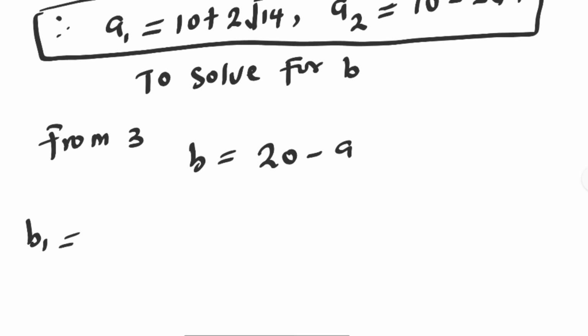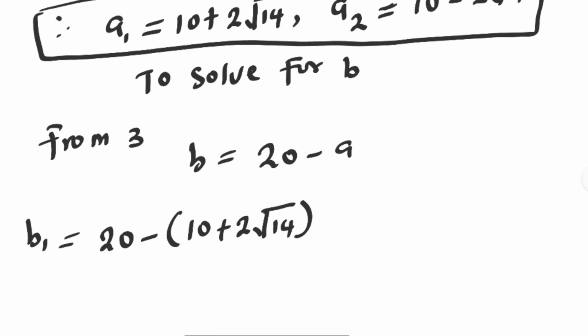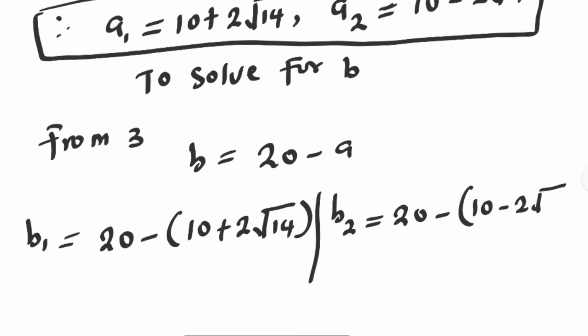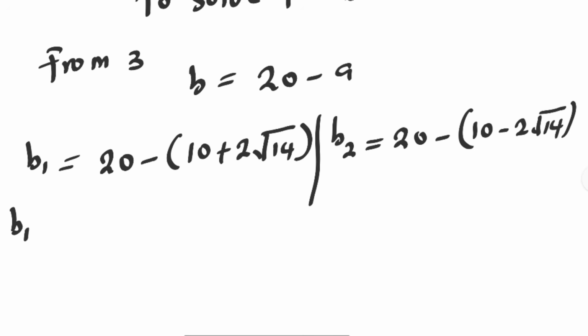B1 is equal to 20 minus A1, which is 10 plus 2 root 14, and B2 is equal to 20 minus A2, which is 10 minus 2 square root of 14. Then B1 is equal to 20, if you open the bracket with this negative, we have minus 10 minus 2 square root of 14.